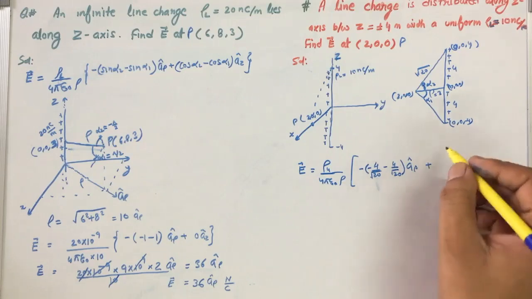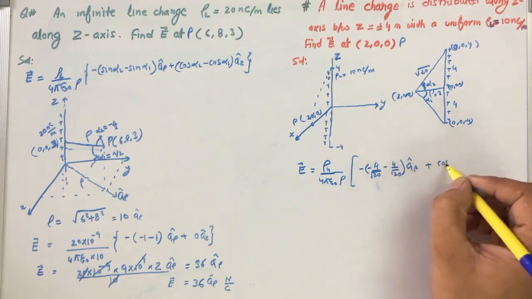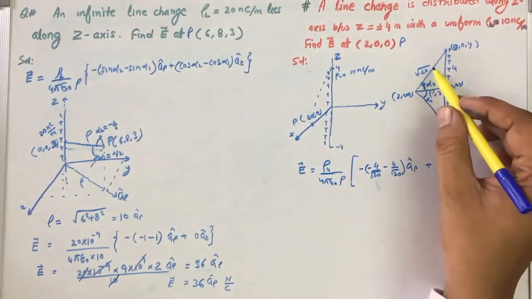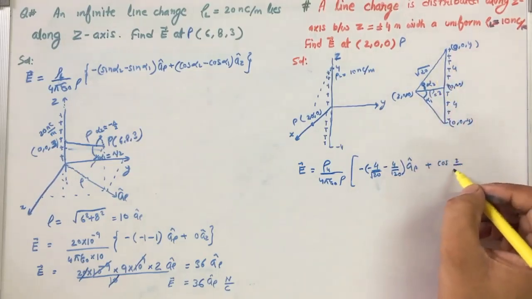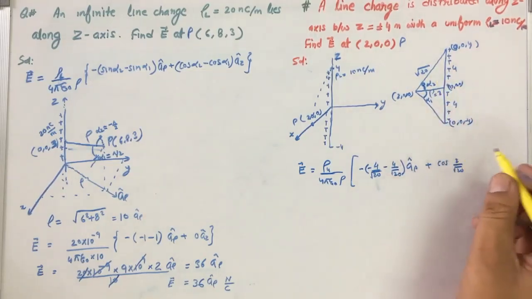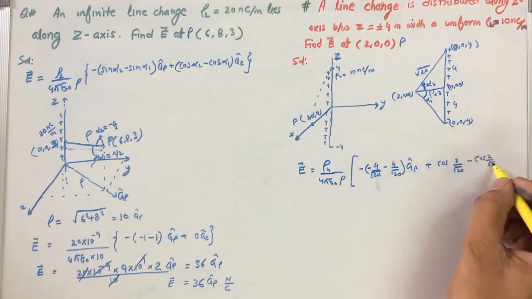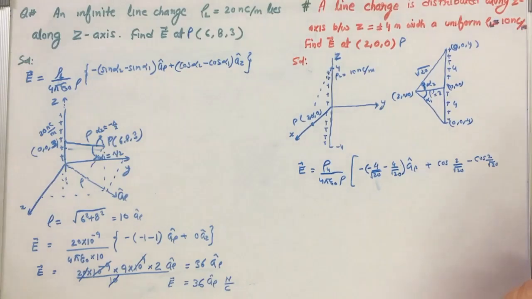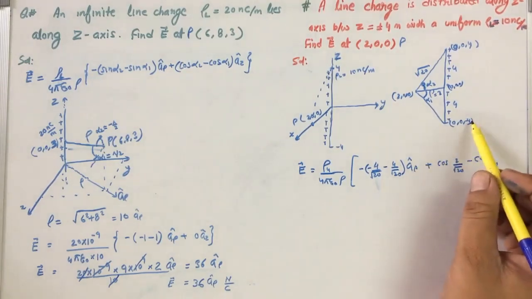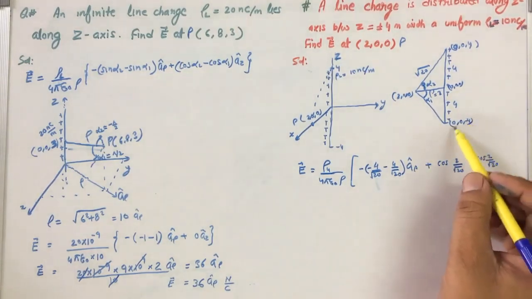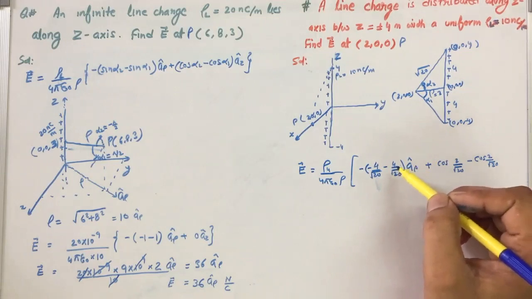Plus cos alpha 2 will be 2 by root 20, because cos minus alpha is cos alpha, minus cos 2 by root 20. This is not considered as minus length, because that is length, so it will be 4 by root 20.